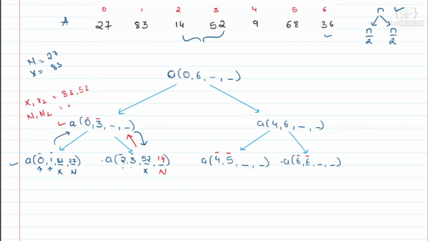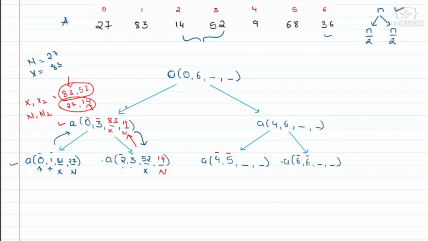Now n1 is 27 and n2 is 14. Now among the two x's there will be a comparison for who is maximum, and among the n's a comparison for who is minimum. So here we found out that maximum is 83 and minimum is 14. So in x place the maximum will be 83 and minimum will be 14.